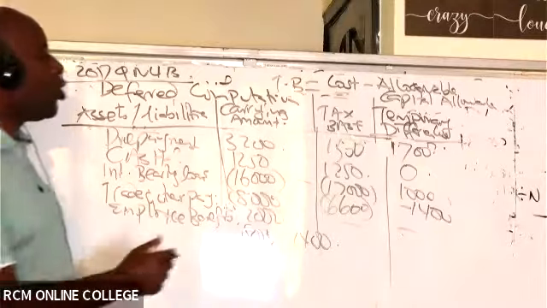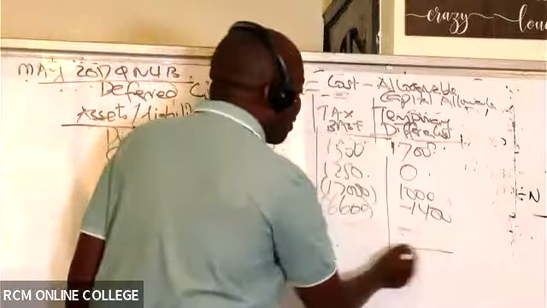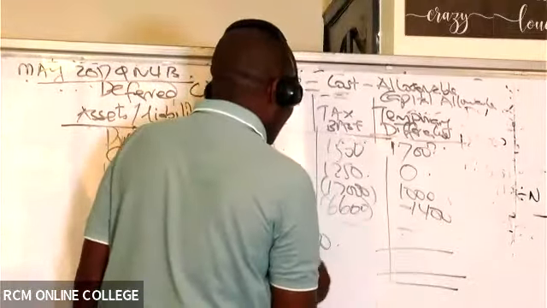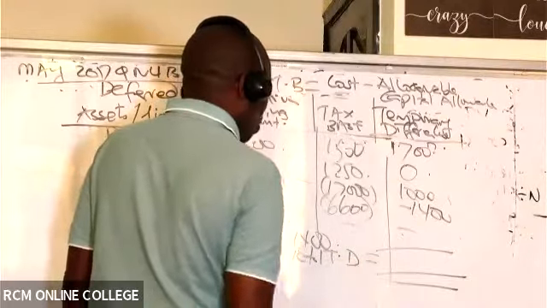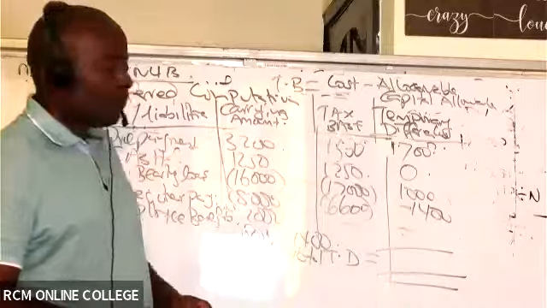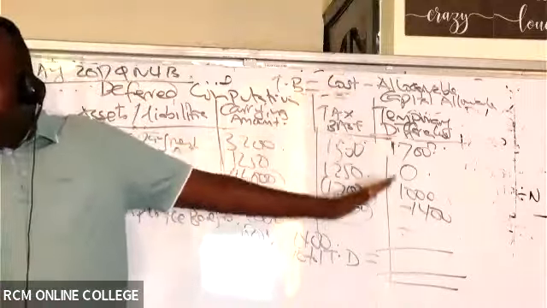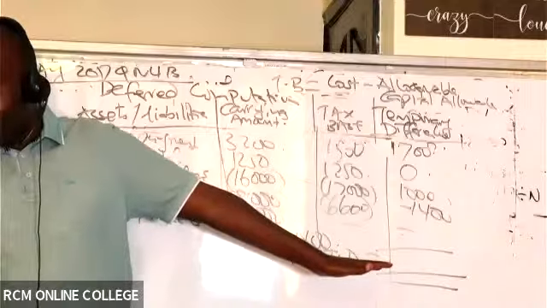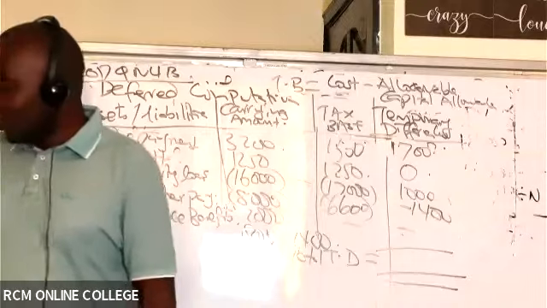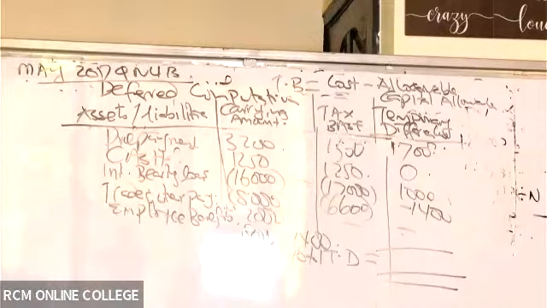So then can you kindly go ahead and give me the total temporary difference? The total temporary difference. Add everything. Is there somebody who has been able to do that?